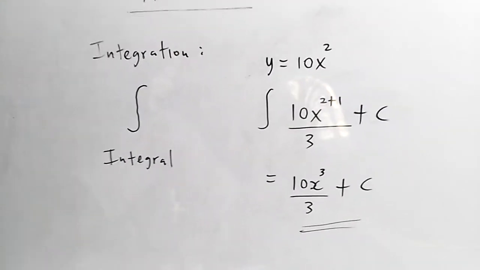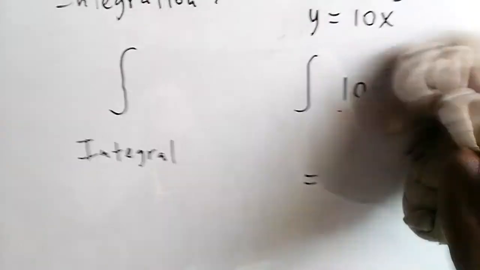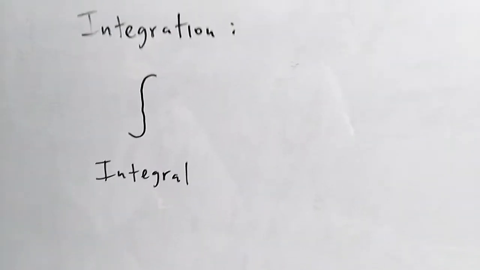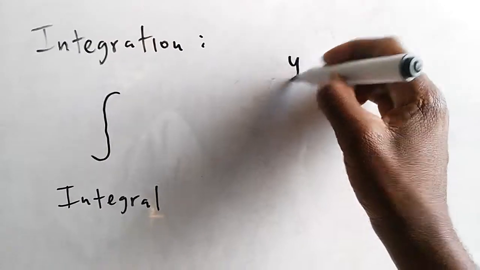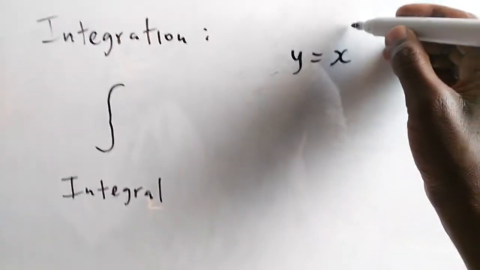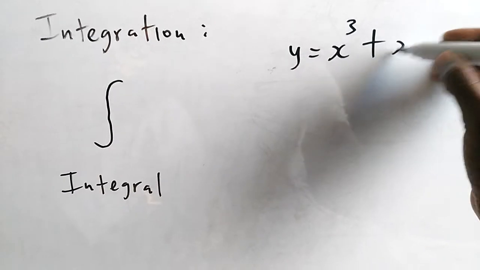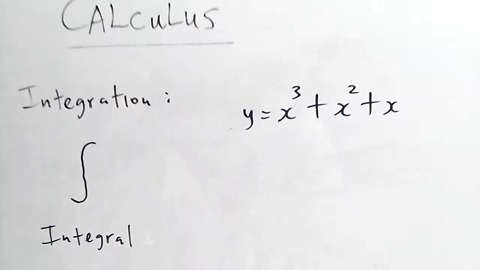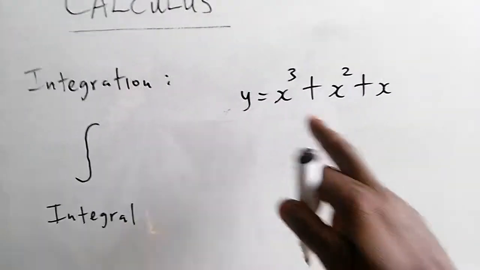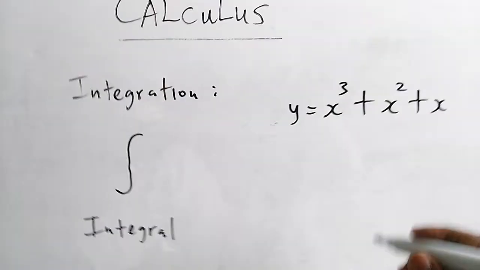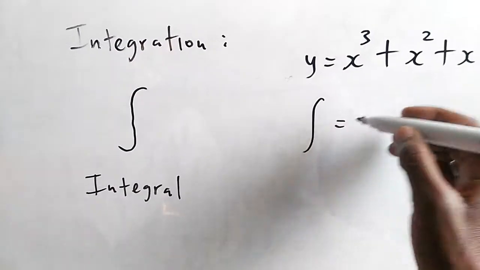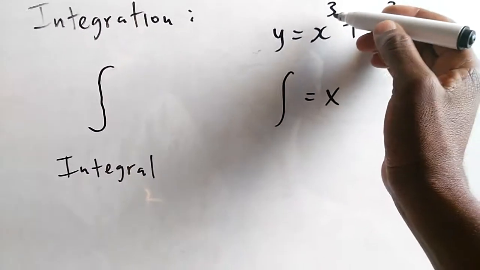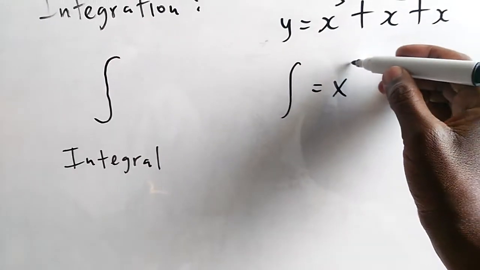For the other one, we can say, suppose they give you a function y equal to x to the power of 3 plus x to the power of 2 plus x. And then they say find the integration of y with respect to x. We'll say the integral will be such that we'll start increasing these powers. X, you say 3 plus 1, it will be 4.